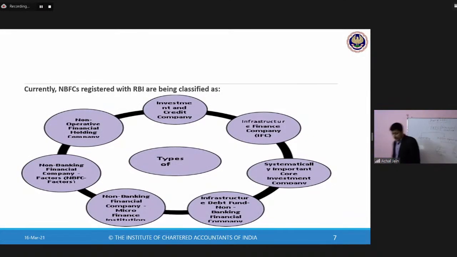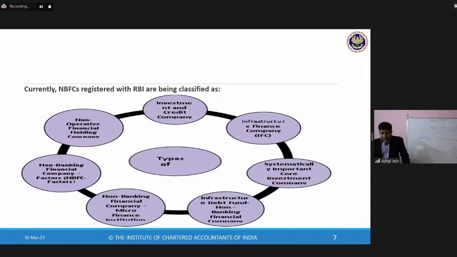So you can see some types of NBFCs over here. Investment and credit company, infrastructure finance company, systemically important core investment company, infrastructure debt fund NBFC.